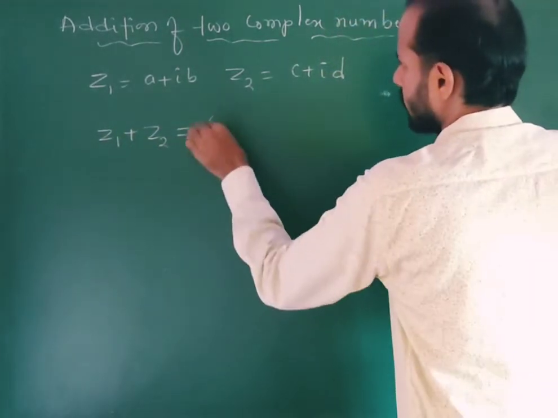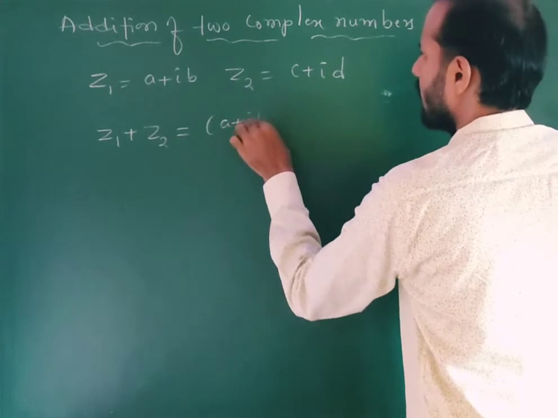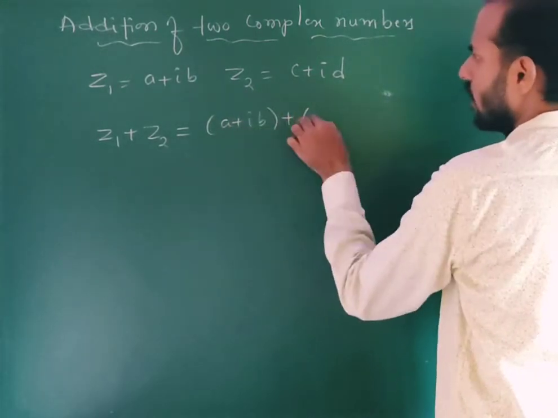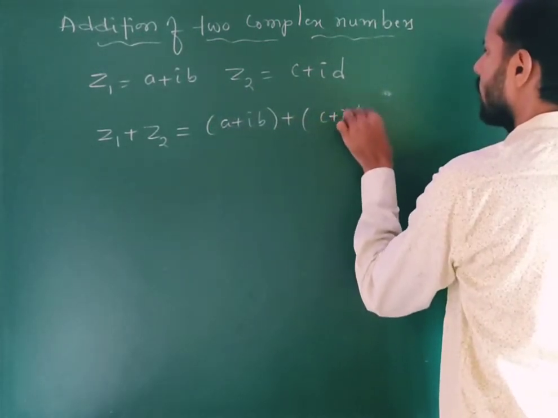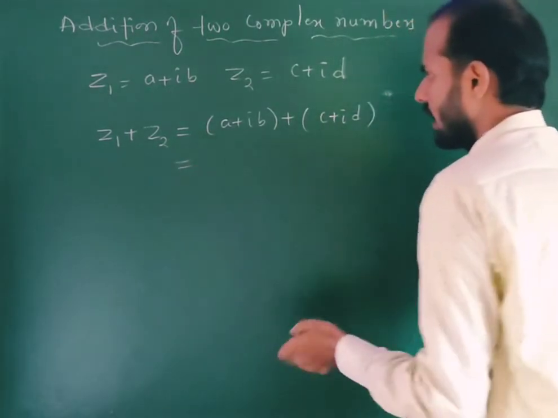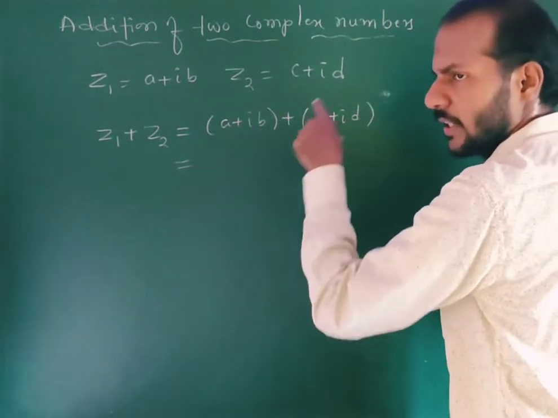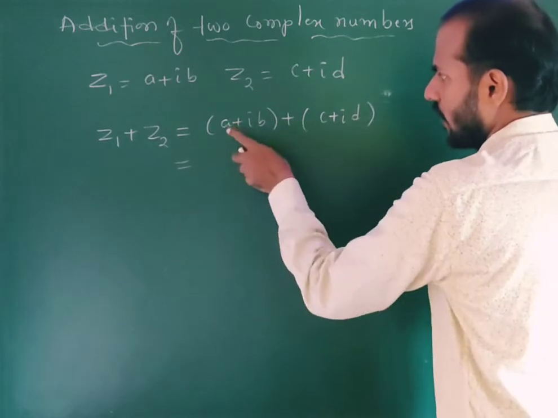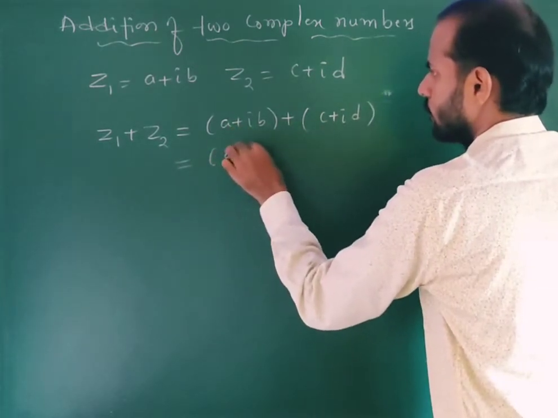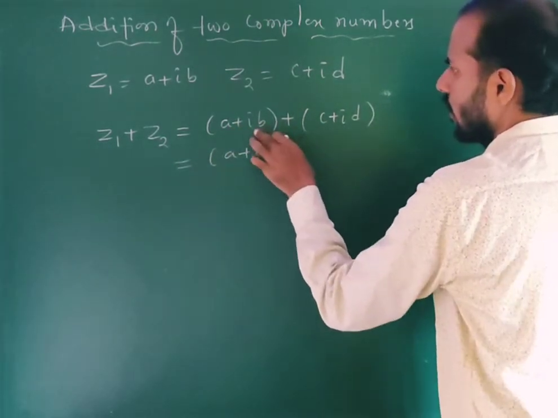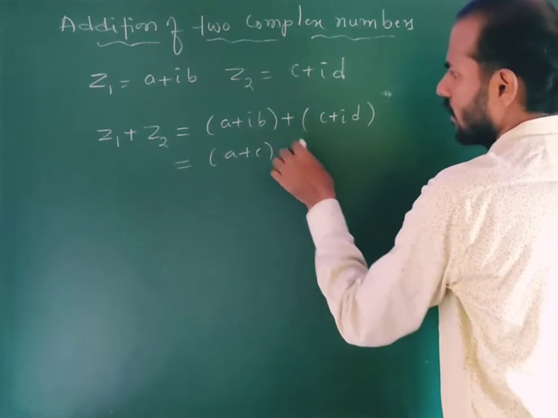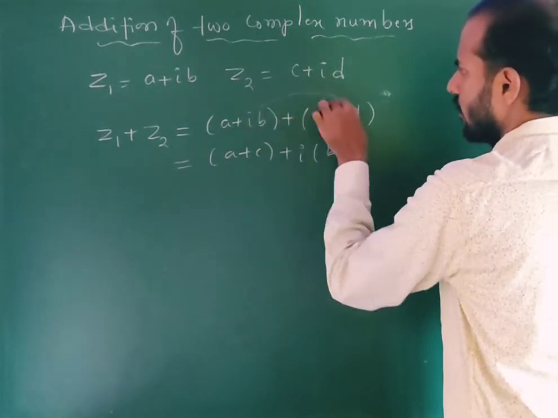Z1 plus Z2 equals A plus iB plus C plus iD, right? Now take the real part one side and the imaginary part other side. Now A plus C plus i is a common term here. Inside what we get?